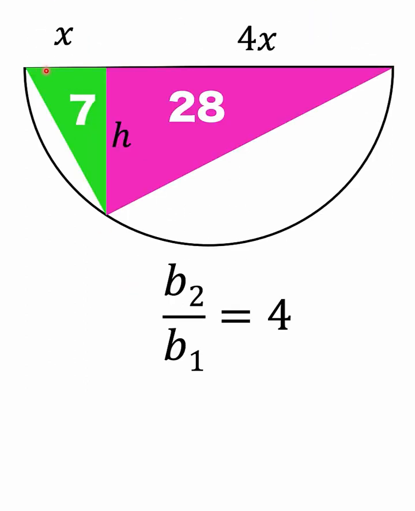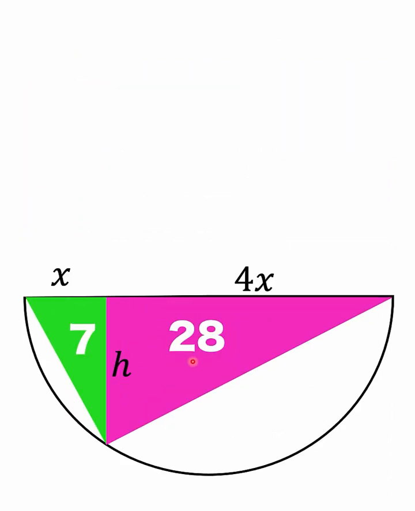Now, if you let the leg of this green right triangle be x, then the length of this leg of the pink right triangle is represented as 4x, because the ratio of these two legs is 4:1. 4 parts here and 1 part here. Now, remember, our objective here is to find the area of this semicircle. So we need to find the radius.